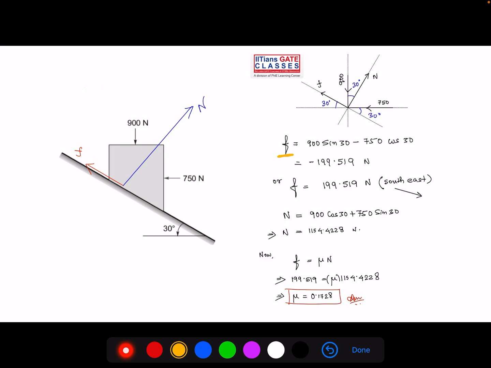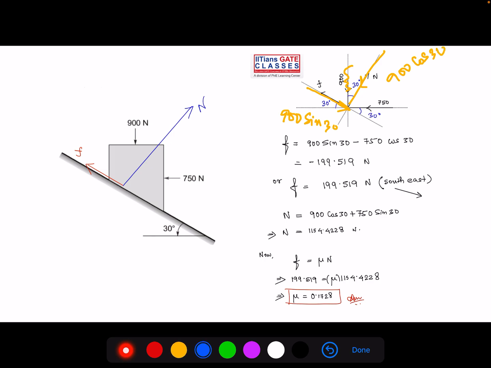If you resolve this 900 Newton force, it will be in 2 directions. One is 900 sine 30, and one will be 900 cos 30, right?